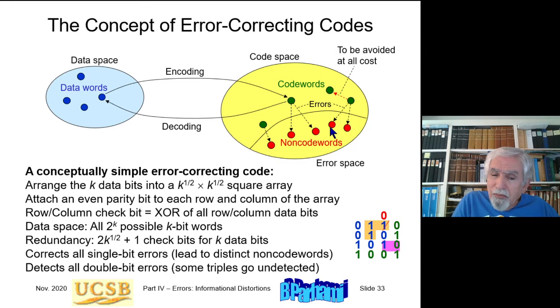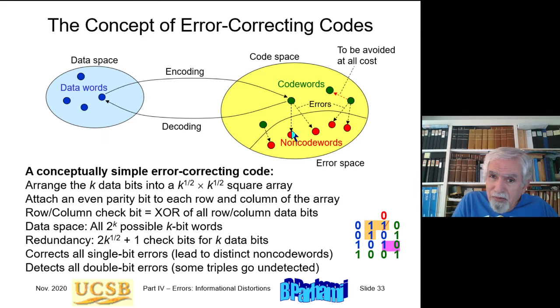In this example, you see that no matter which of these red points we get, it's associated with only one green point. Therefore, we can go back and correct the error. If we happen to have, for example, an arrow from this green point to this red point, in other words, this code word could change as a result of an error to this non-code word, then we would be in trouble because we cannot go back and correct the error.